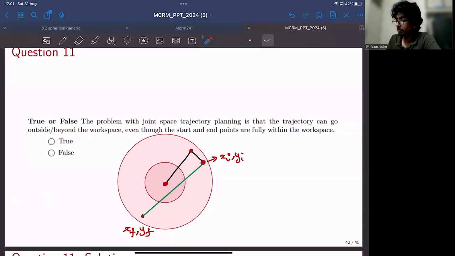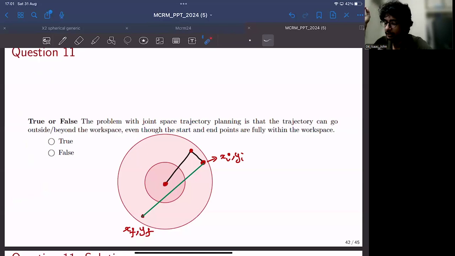So is this a problem with joint space trajectory planning or task space trajectory planning? See, the thing is, joint space planning always happens on joints. Everything would be feasible if you are planning in joint space.